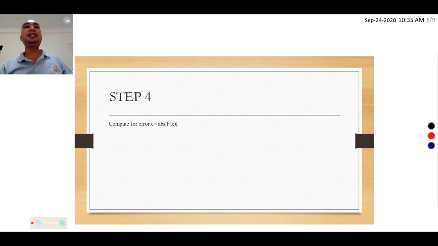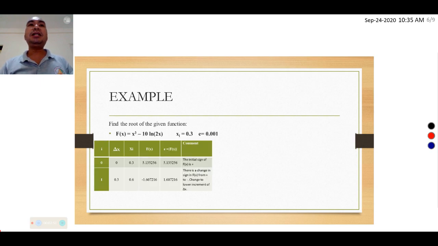And the last step is to compute for the error e, which is equal to the absolute value of the function of x. To completely illustrate our incremental search method, let us take this example. We are asked to find the root of the given function.